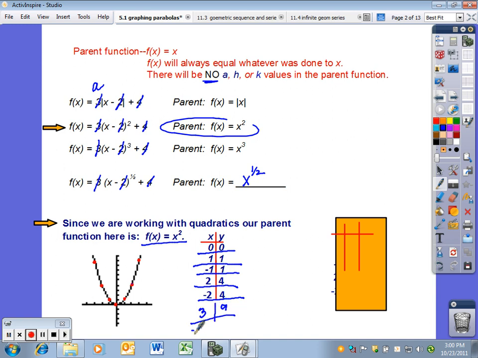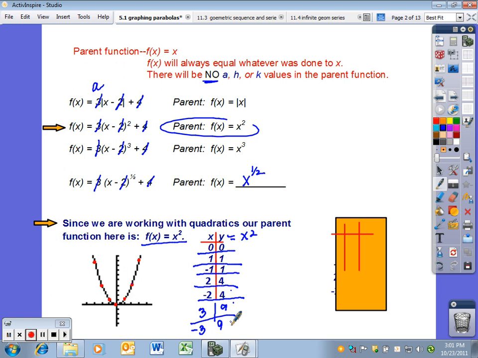Symmetrically, we'd have negative 3, 9. These came from y equals x squared. 0 squared is 0. 1 squared is 1. Negative 1 squared is 1. 2 squared is 4. A negative 2 squared is 4. 3 squared is 9. Negative 3 squared is 9. And we will always use that parent function.